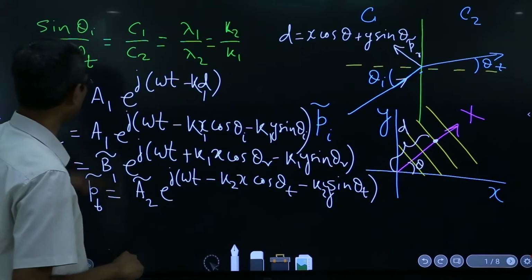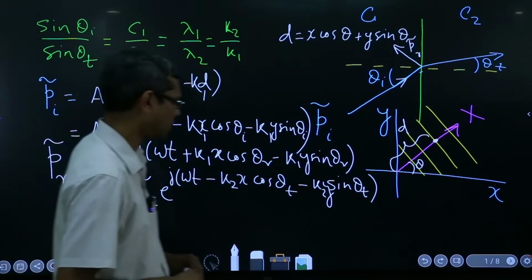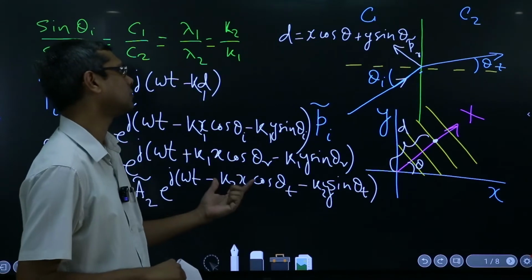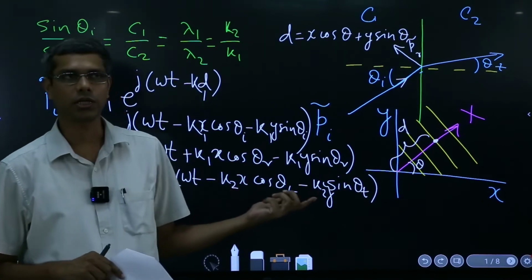Good. So these are the three pressure equations which you can write for this situation, and then you can apply the boundary conditions.